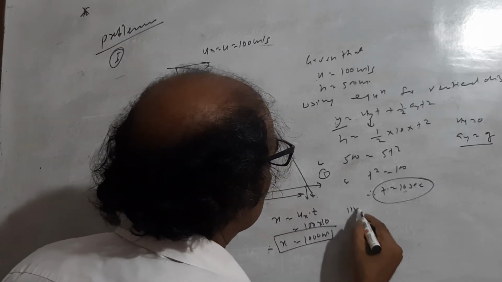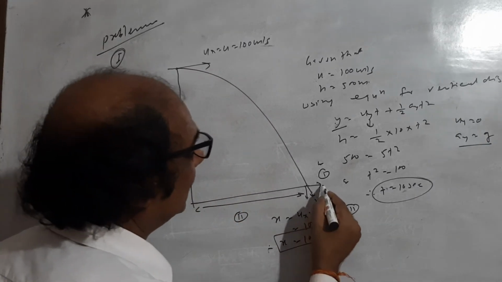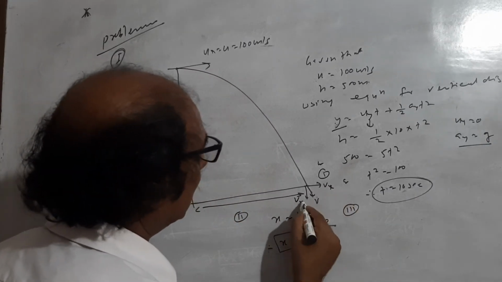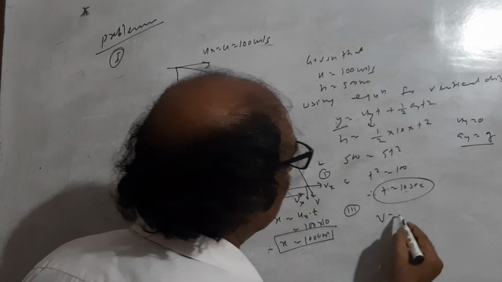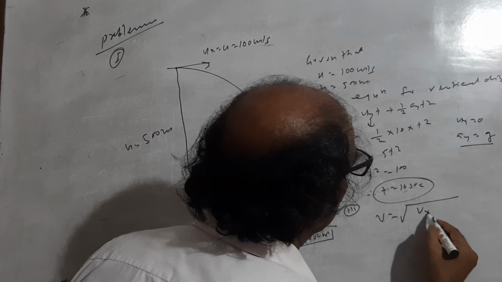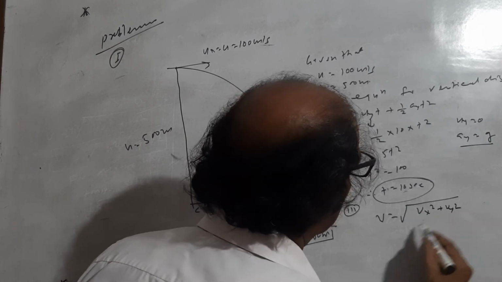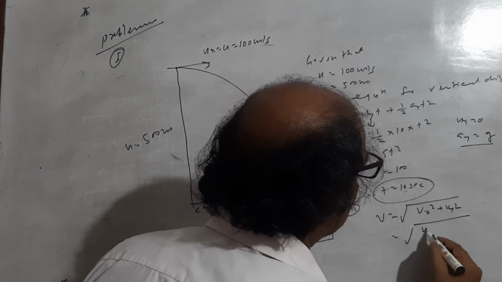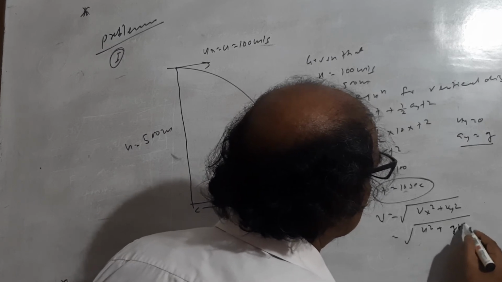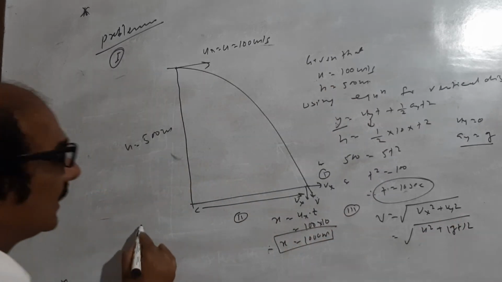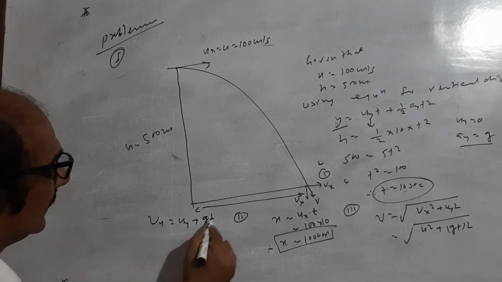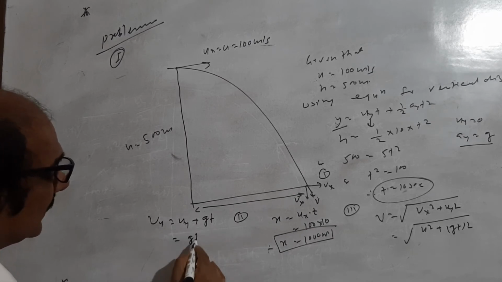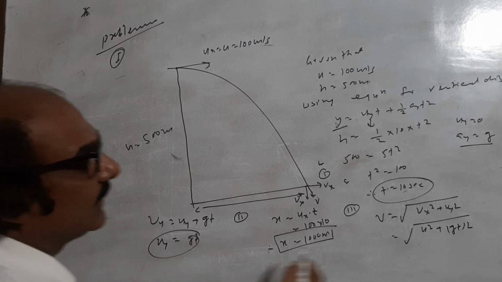And now number 3, the final velocity v. This one is vx and vy. So when the projectile hits the ground with velocity v, v equal to root of vx square plus vy square. Vx means u, square, plus vy means gt, whole square, because vy is equal to uy plus gt. Uy is equal to 0, so vy equal to gt here.